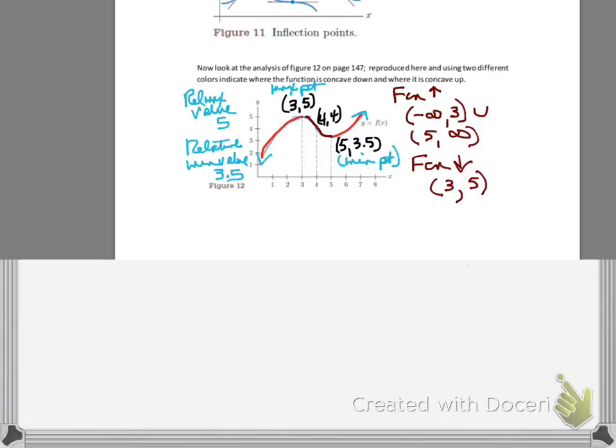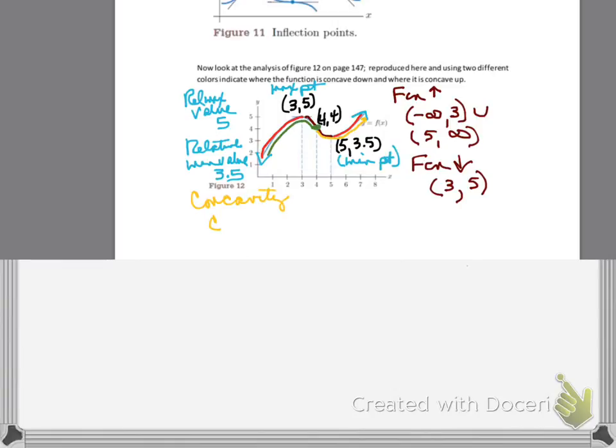Our function's concave down from negative infinity all the way up to, but not including, the inflection point. Then where is it concave up? It will be concave up from the inflection point, or just a little beyond it really, all the way to positive infinity.